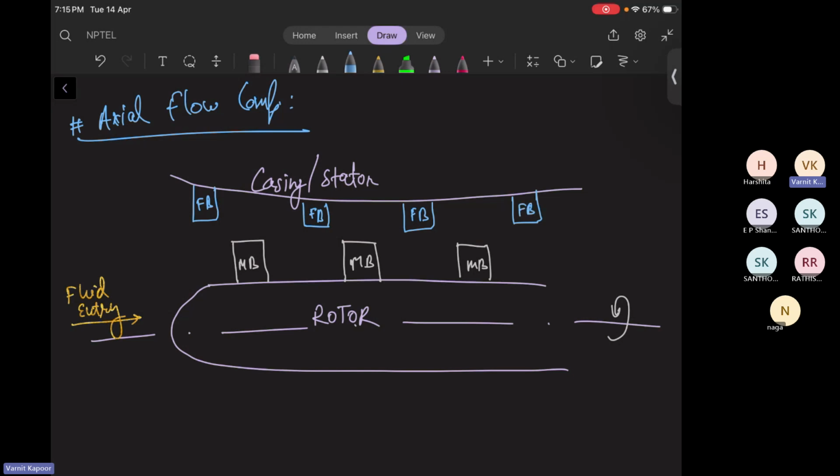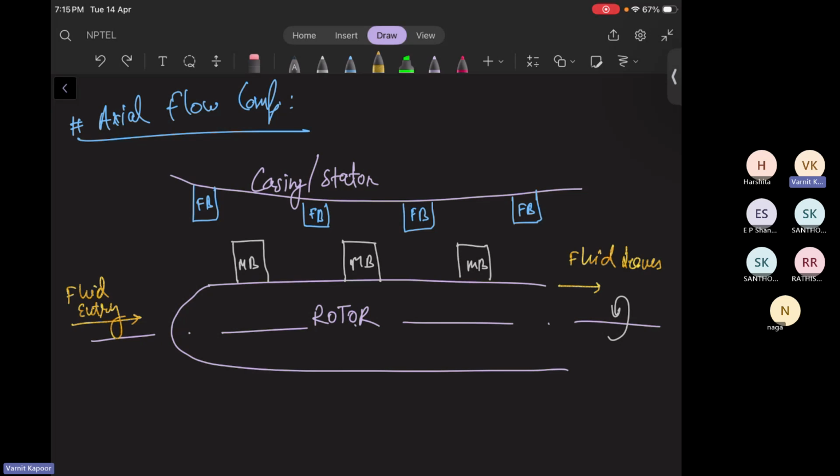This all goes on, and from here the fluid finally leaves. Fluid enters axially along the axis of the rotor or impeller, and exits axially as well.